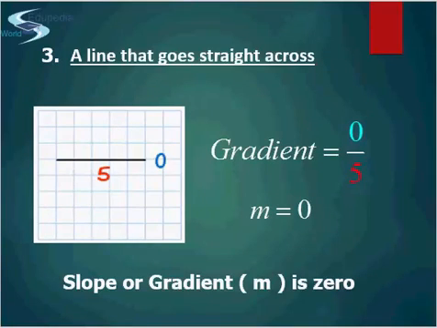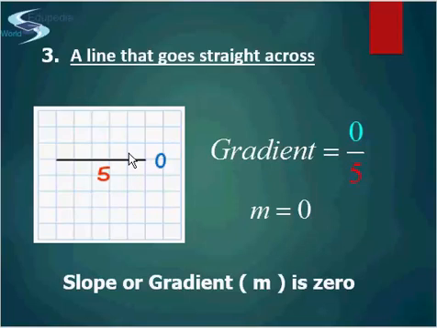Moving on, we have this line, which is not that confusing. It is a horizontal line. Just solve it the way we solved the previous ones. Look at the horizontal change. What is the horizontal change? It is 5. What is the vertical change? There is no vertical change here.